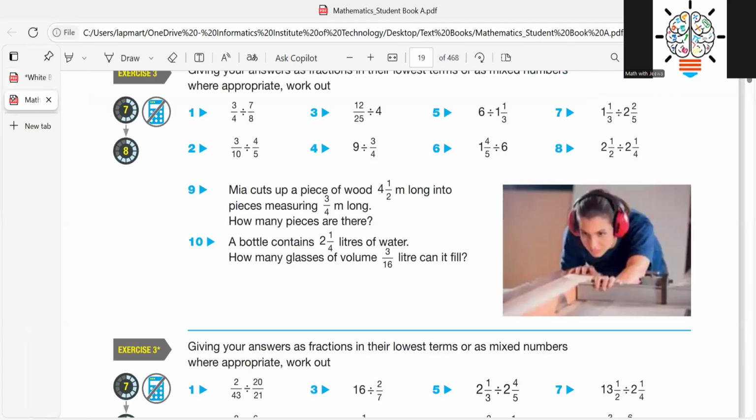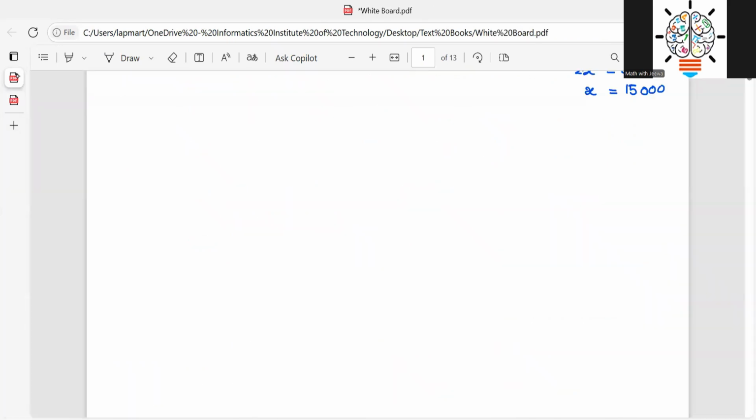While reading, Mia cuts up a piece of wood 4.5 long into pieces measuring 3 over 4. So when I'm reading this, what I do, children, I just draw the full thing, right? So that is 4.5 meters, right?